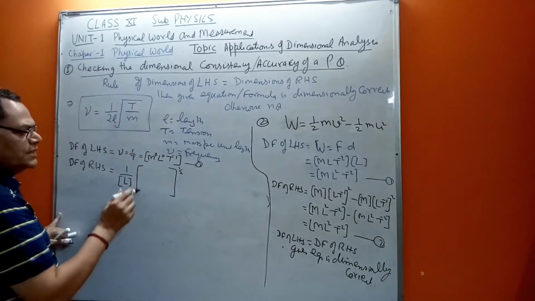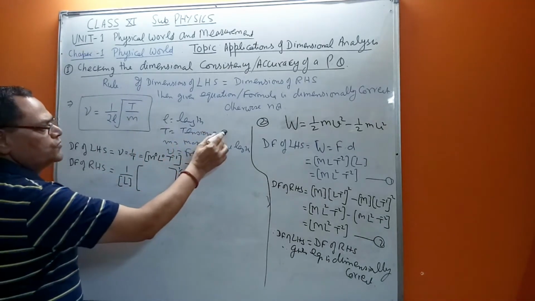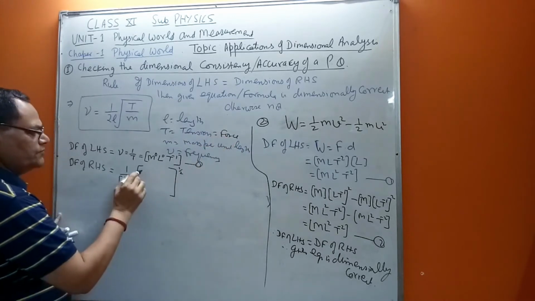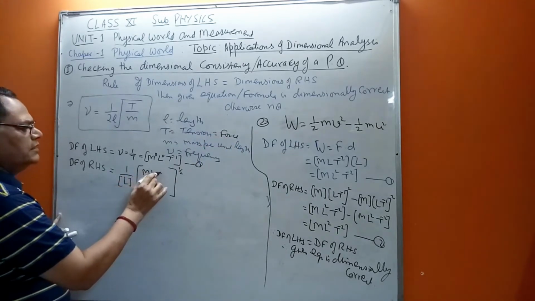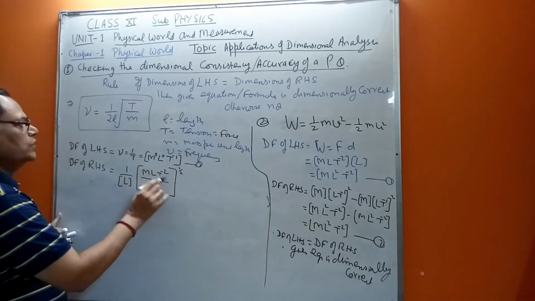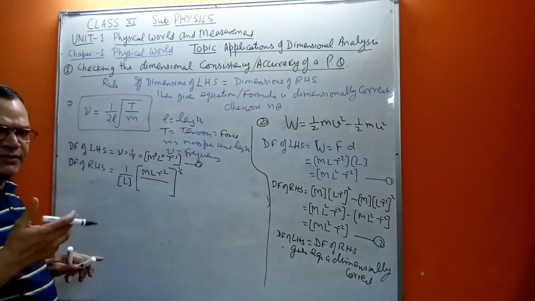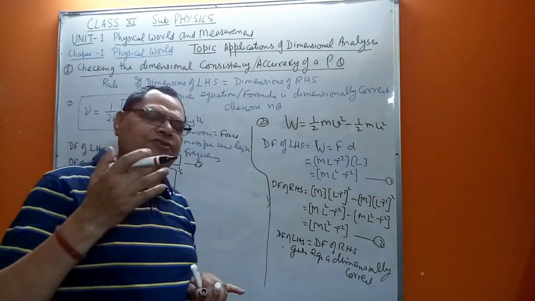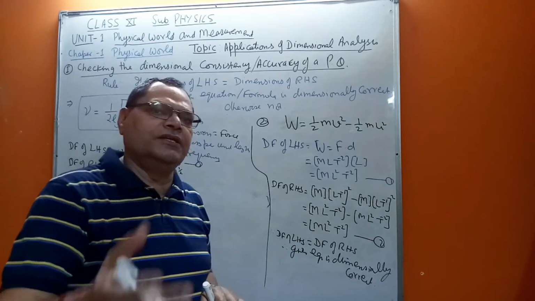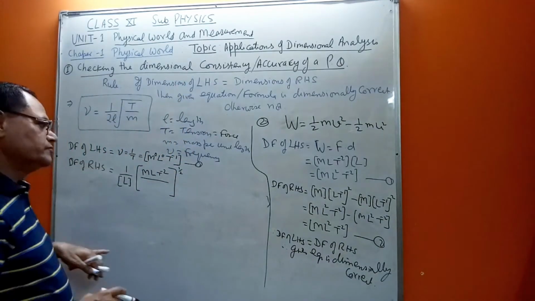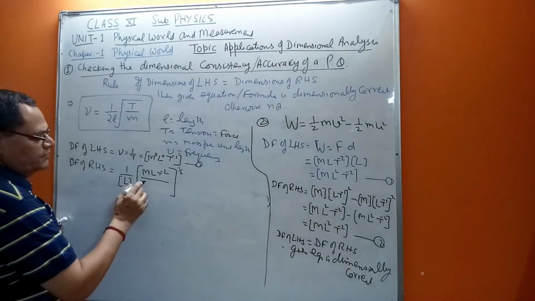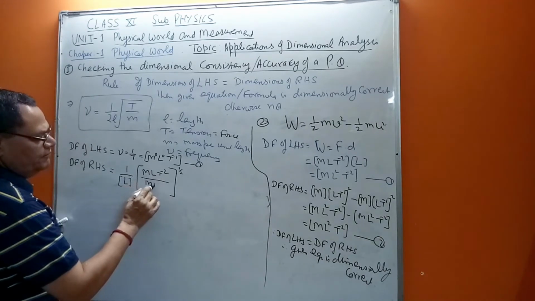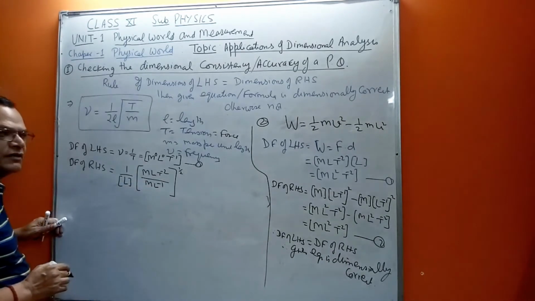Now T is the tension. Tension is nothing but force, and the force dimension formula we know, MLT minus 2. And this is not mass, though it is represented by small m, it is actually mass per unit length of the string. So this will be mass upon length, meaning ML minus 1.